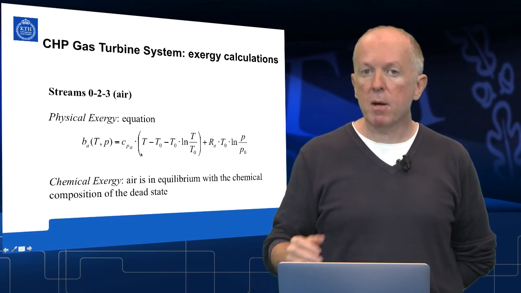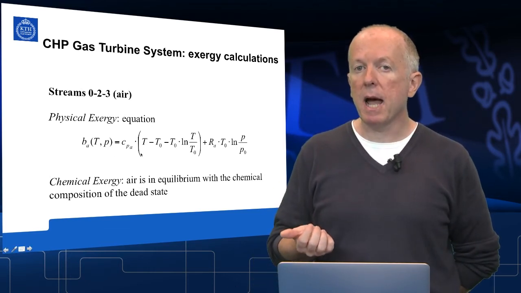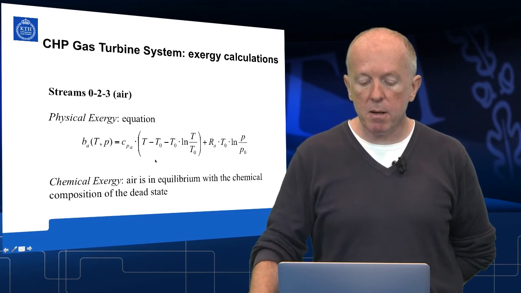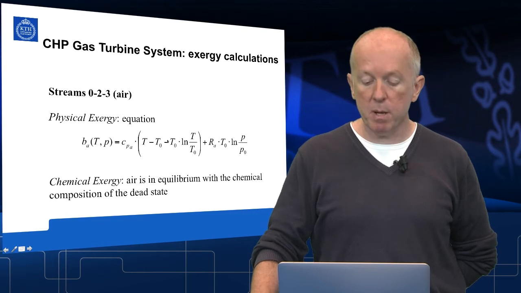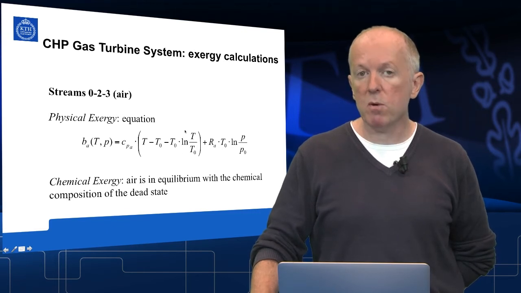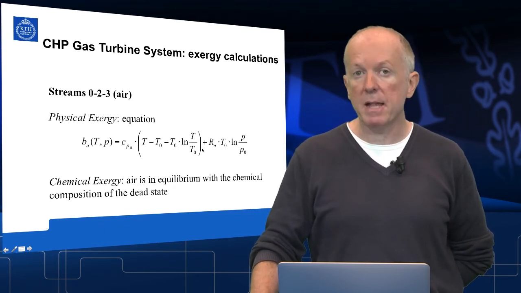Because we can consider it as an ideal gas, the gradient of enthalpy and the gradient of entropy can be transformed in this very famous equation for the ideal gas stream.